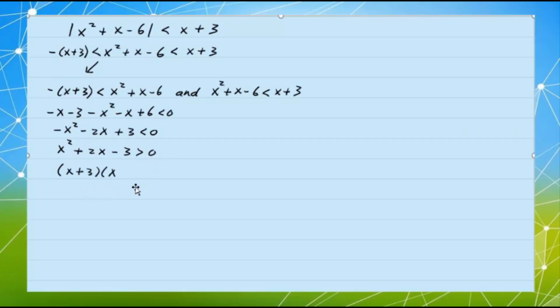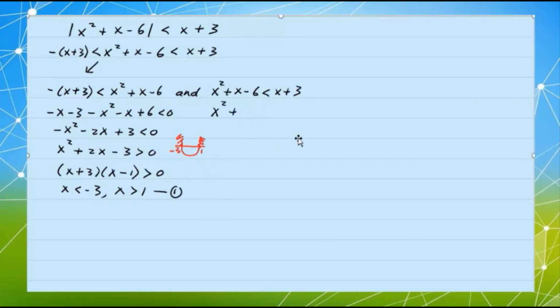Then we do the factorization of the quadratic. Now in order to find the set of value of x, we sketch the U shape. Then because the inequality is greater than, the set of value of x for this inequality is x is less than negative 3 or x is greater than 1.